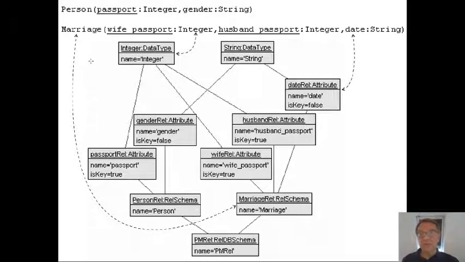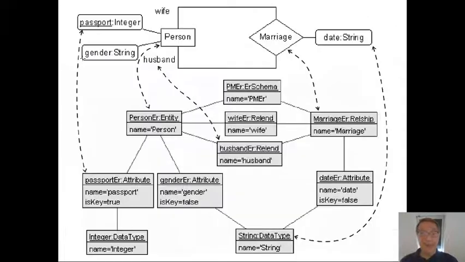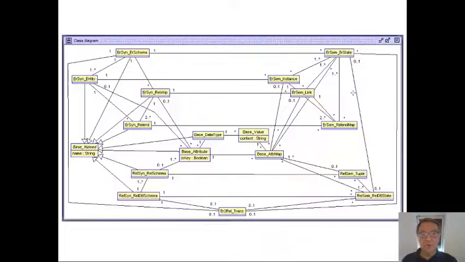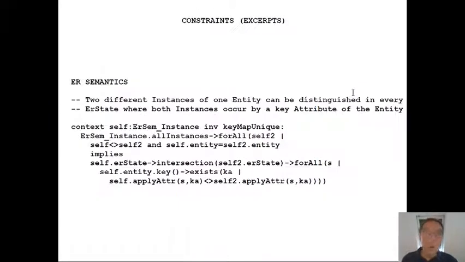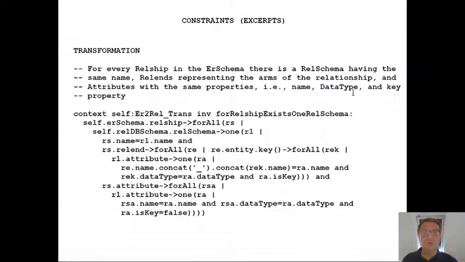So we have a relation corresponding to a relationship, and we have the relationship, and we have the relationship ends. And the constraint over here, the last constraint, the most complicated constraint probably that we have been looking at.